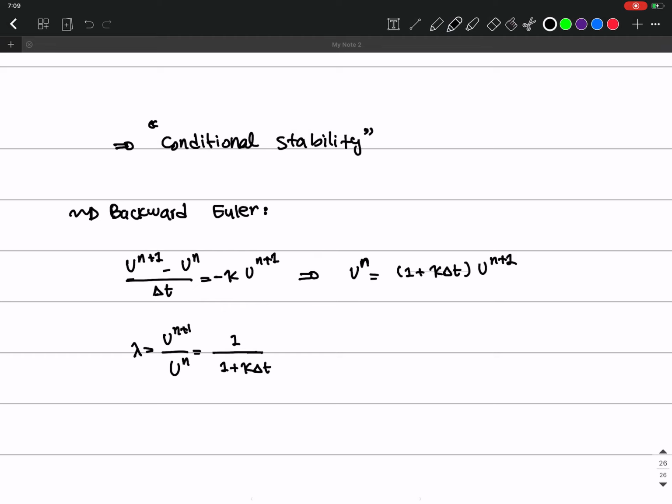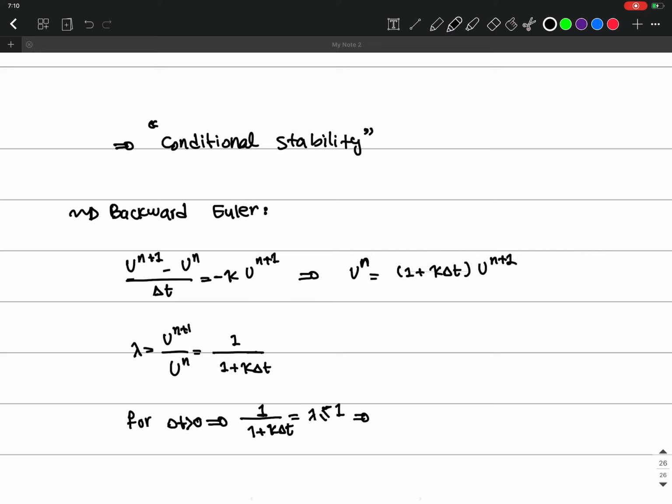And for delta t greater than 0, 1 over 1 plus kappa delta t, which equals lambda, is going to be smaller or equal to 1, right?